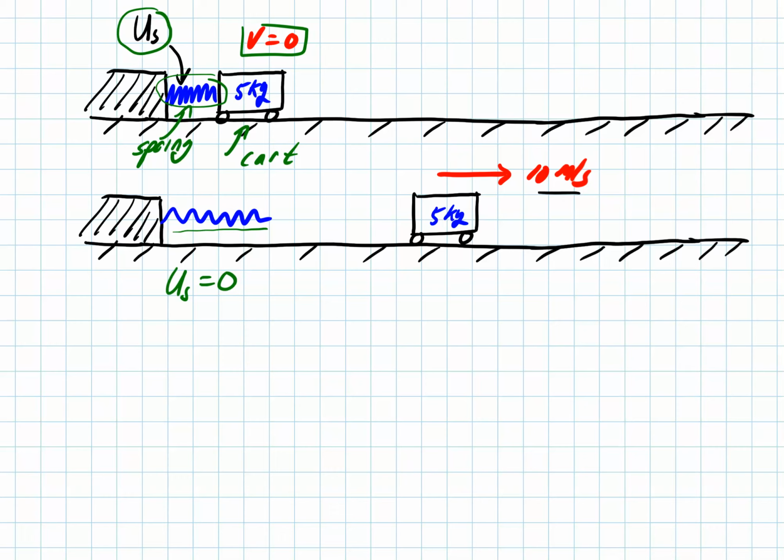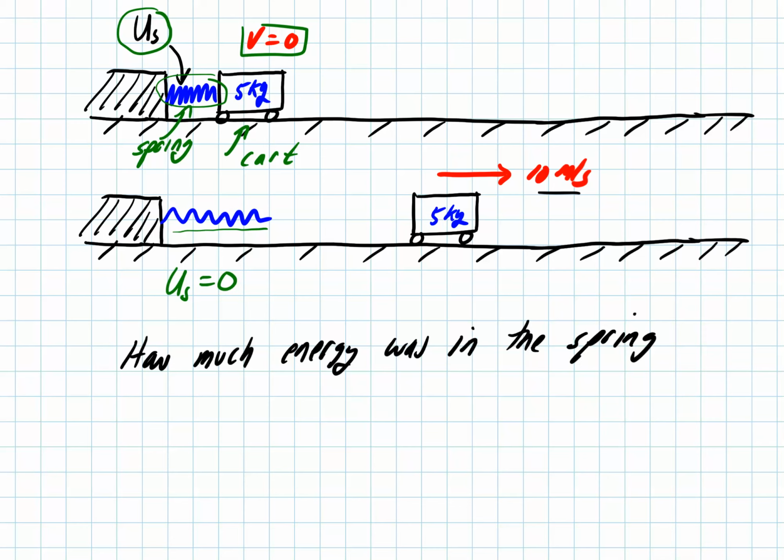The mass is given. And what I want to know is how much energy was in the spring. You say, I thought you were going to ask me about kinetic energy. Well, let's see where the energy was and where it went.